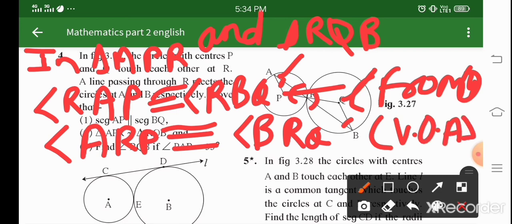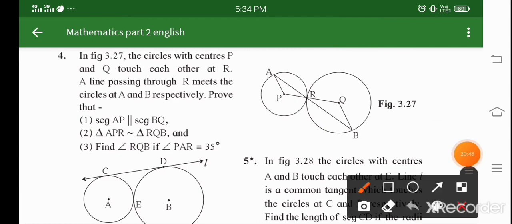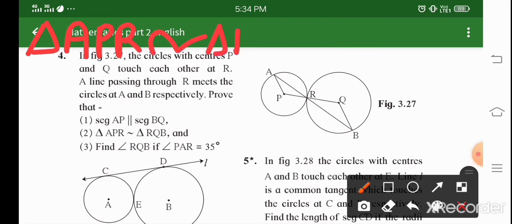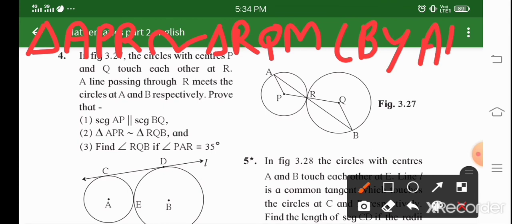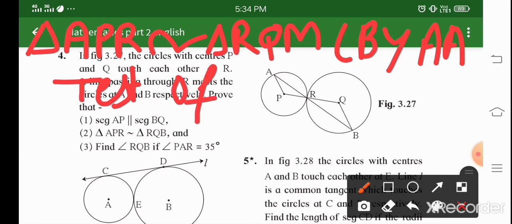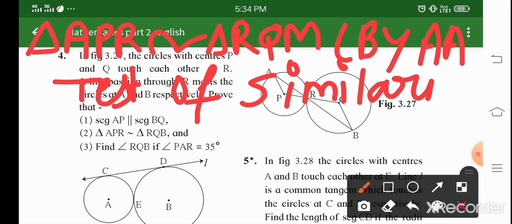So with this we have proved, because we have got two angles equal, that our triangle APR is similar to triangle RQB by the angle test of similarity. So hence proved. We have completed question number 2.